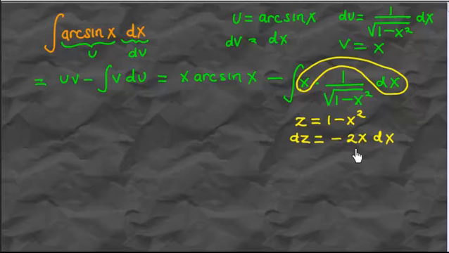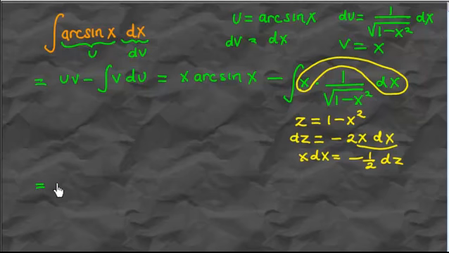Solving for x dx, we have minus half of dz. It means we can replace that x dx with minus half dz in that integral.